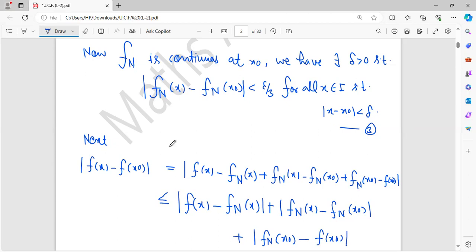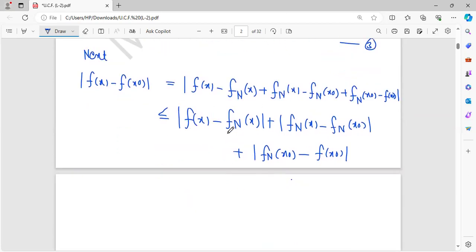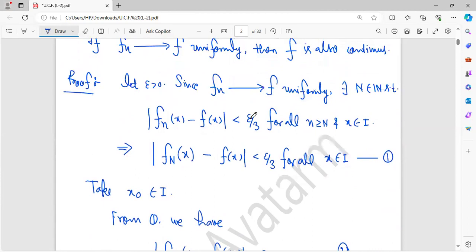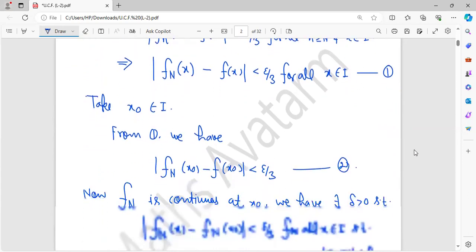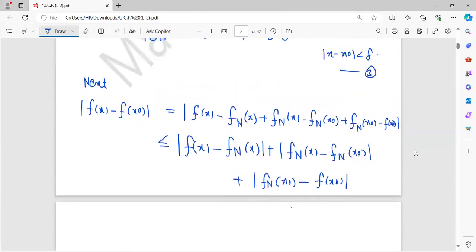Now, what about this inequality? This |F(x) - Fn(x)| is less than epsilon by 3 by equation number 1.